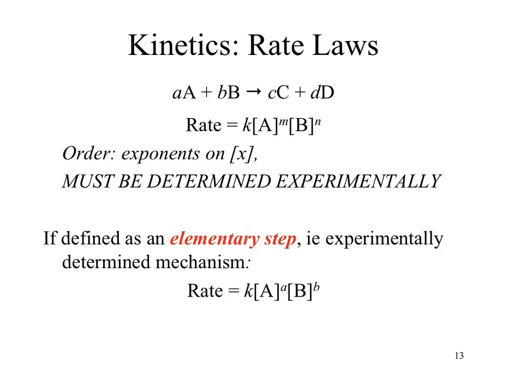Our rate is going to be equal to some constant. Unfortunately, we picked a poor symbol for our constant because it's easily confused, but it's a lowercase k, times the concentrations of our reactants. Why do we typically not include our products?